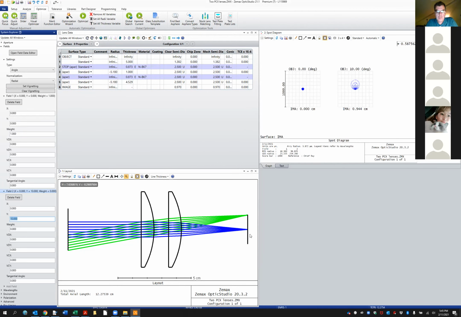And now how are we going to figure out the focal length of this system? Walk me through it. Because it's what you have to do by Tuesday.